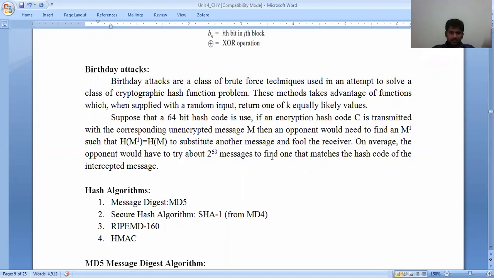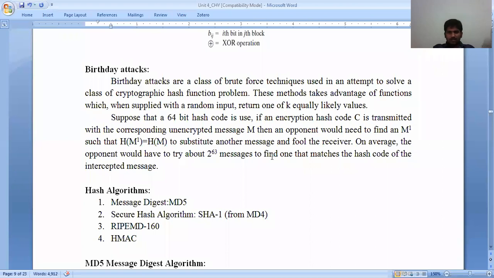Suppose that a 64-bit hash code is used. If an encrypted hash code C is transmitted with the corresponding unencrypted message M, then the opponent would need to find an M dash such that H of M dash is equal to H of M, to substitute another message and fool the receiver.